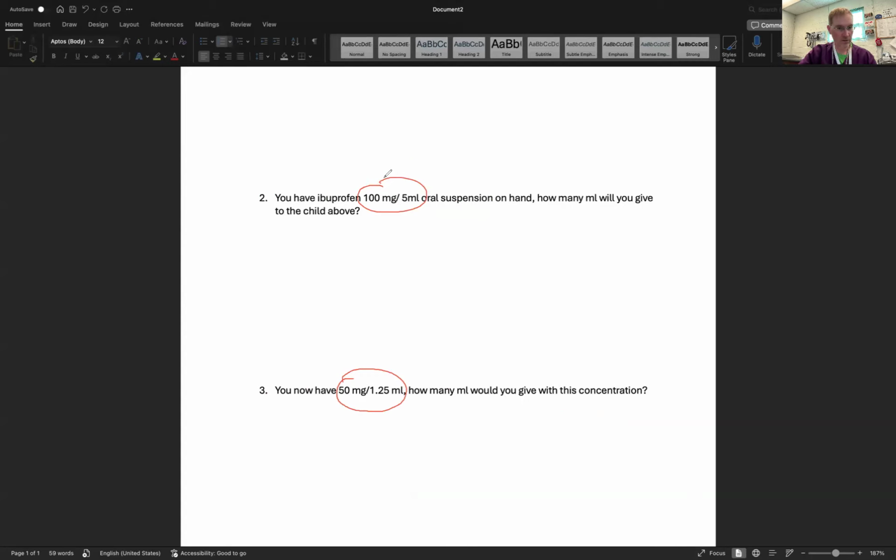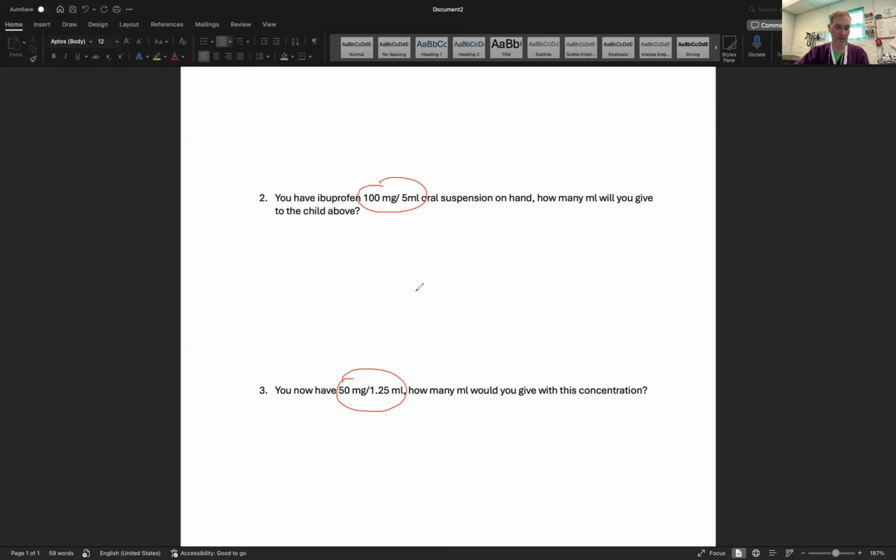So I have this ibuprofen, 50 milligrams in 1.25 milliliters, as opposed to 100 milligrams in 5 milliliters. So I have a different concentration, which means I need to do a different calculation.